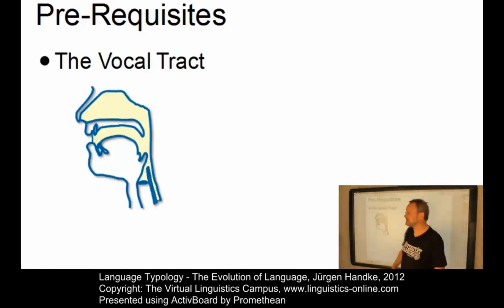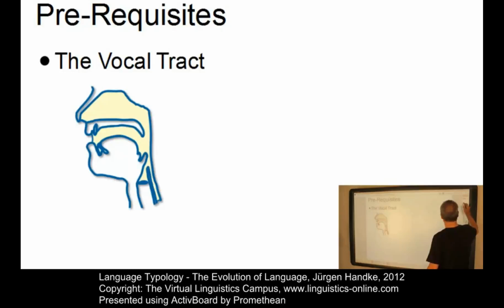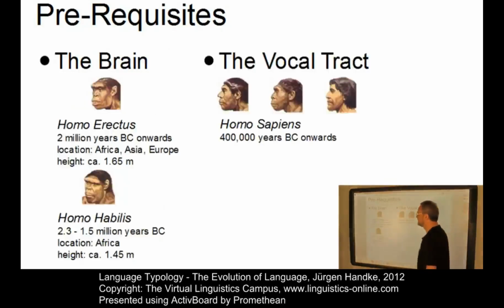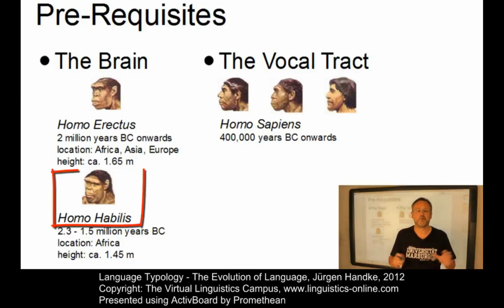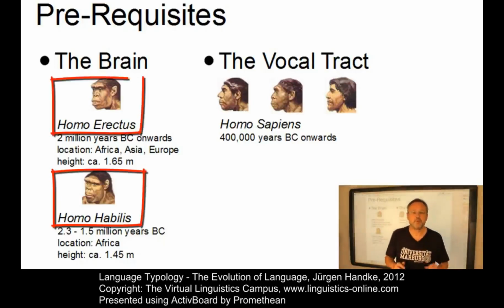Anthropologists have collected evidence that from about 2 million years before Christ onwards, Homo habilis and Homo erectus had developed a brain fit for basic linguistic tasks.